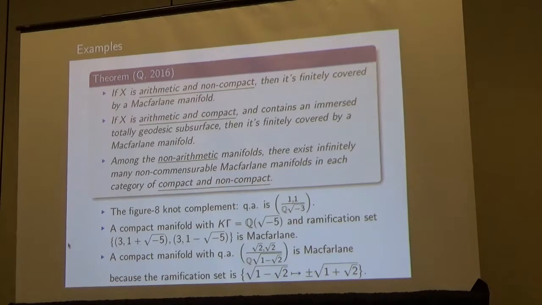And if I have a non-arithmetic manifold, then I have infinitely many commensurability classes in each category of compact and non-compact. So this is something that's somewhat unusual in the theory of hyperbolic 3 manifolds, that you have a property that applies to every single type of combination of arithmetic, non-arithmetic, compact, non-compact. And we have some examples down there.